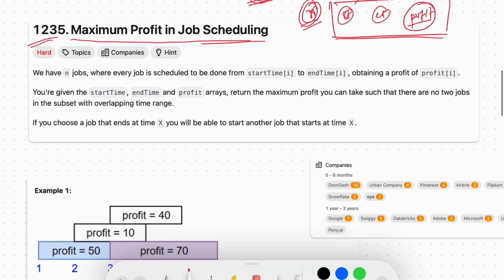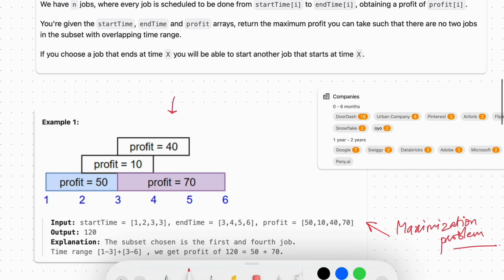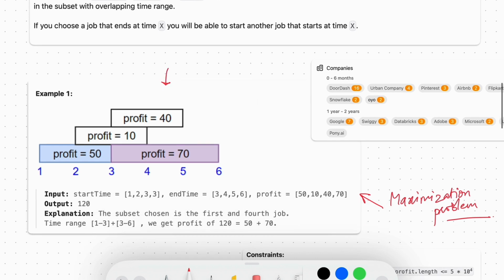Okay, if we look at this example here, the start times, end times, and profits are given to us. For the first job, this is the start time and this is the end time. It means the first job will start at 1 and end at 3. The profit it will give us is 50 units.